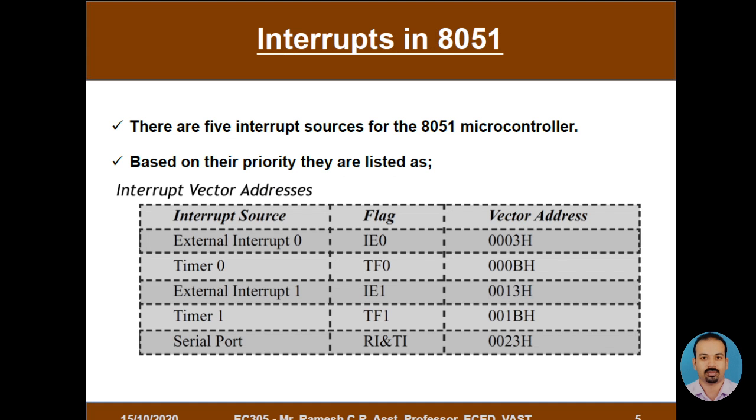As we said, if we look at the various interrupts available in the 8051 controller, there are 5 interrupt sources, and based on their priority, the default priority starts from the highest for external interrupt 0.